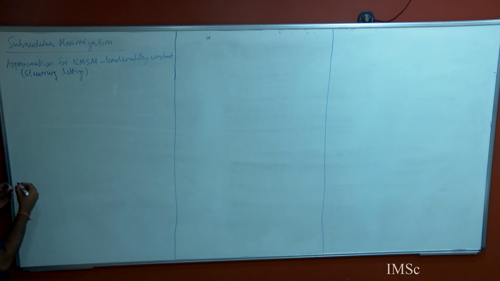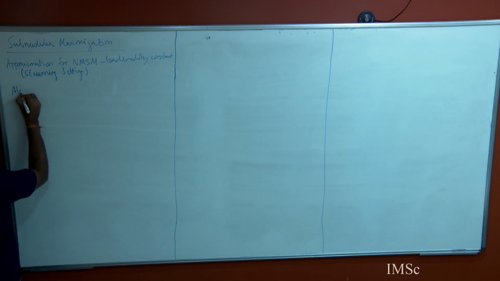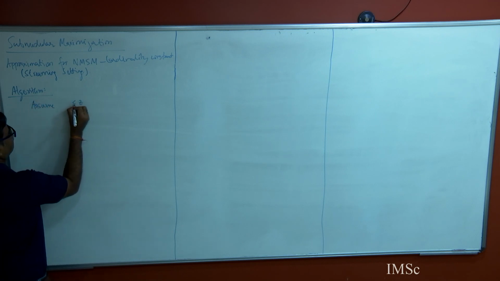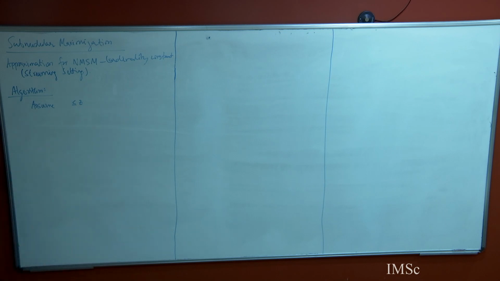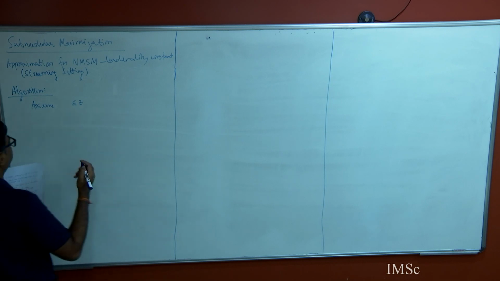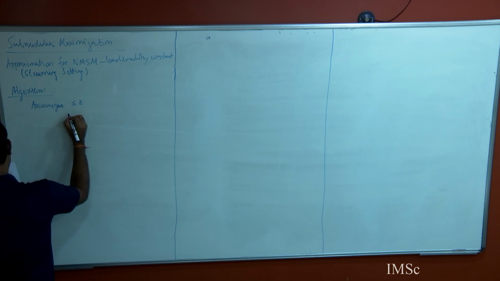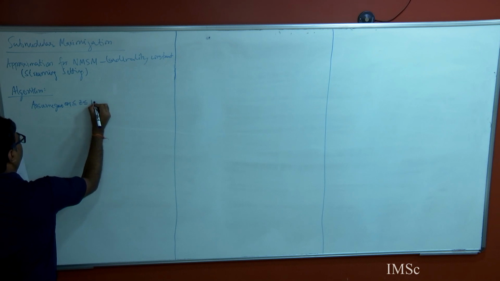Okay, so the algorithm is as follows. We will assume that z is given to us, which is between opt and 1 plus epsilon times opt. Like, assume we have guessed the value of z.